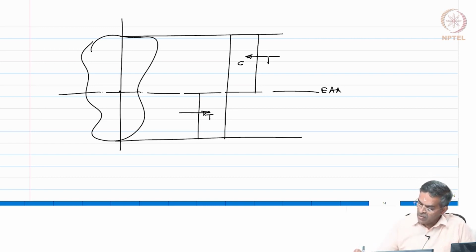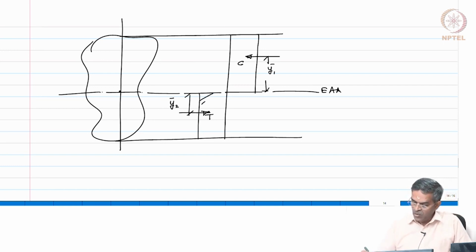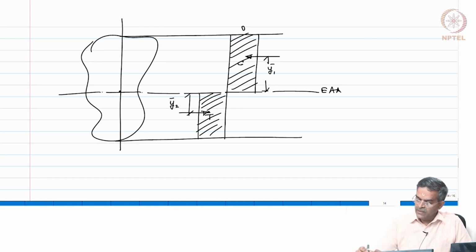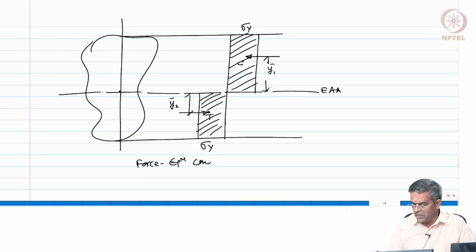I call this centroid y bar 1 from my equal area axis. I call this centroid y bar 2 from the equal area axis, and we all know that at this stage the stress is sigma y in the entire cross section. So, we can call this the force equilibrium condition. This is the cross section, this is the stress diagram.